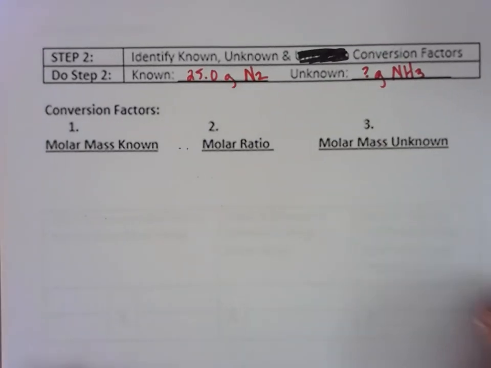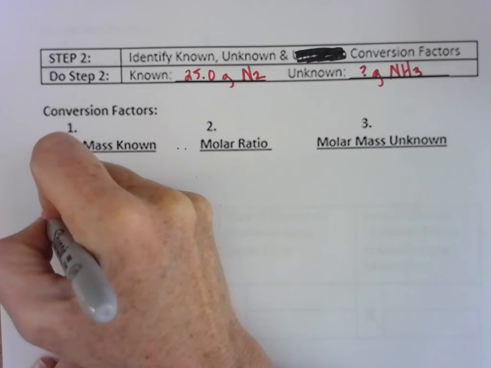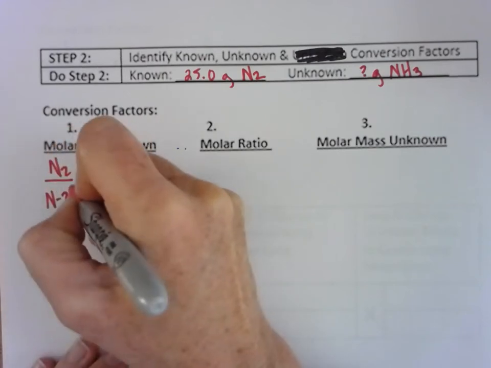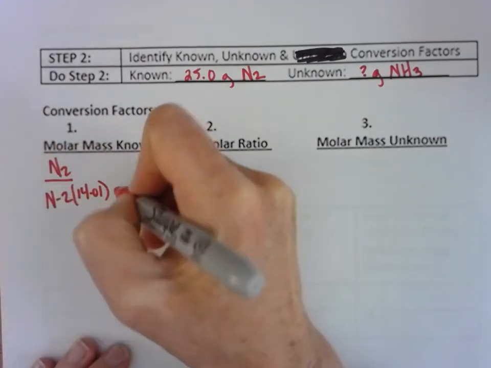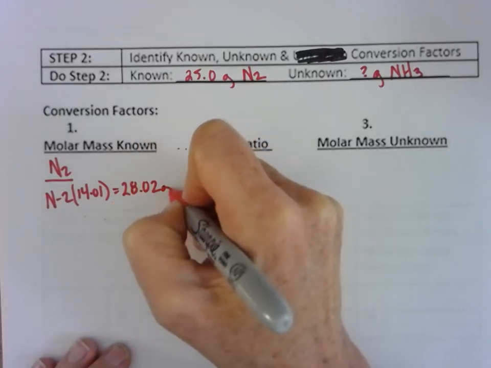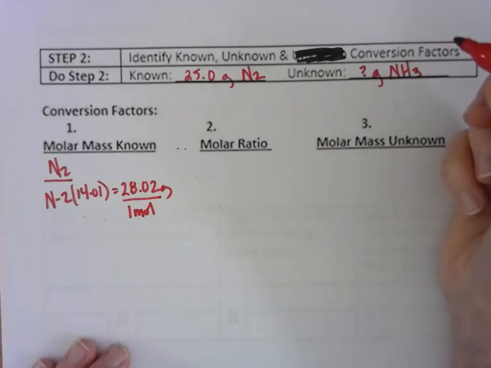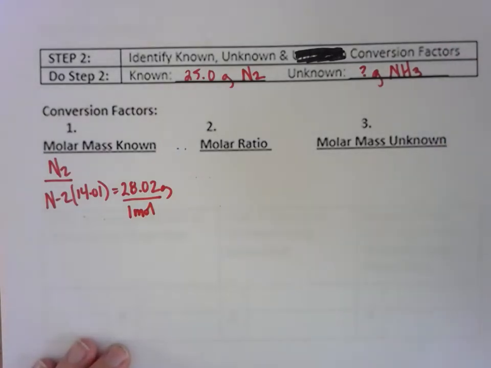All right, molar masses of the known. N2. I've got N, I've got 2 of them. Each one has an atomic mass of 14.01. So 28.02 grams over 1 mole. The molar ratio.